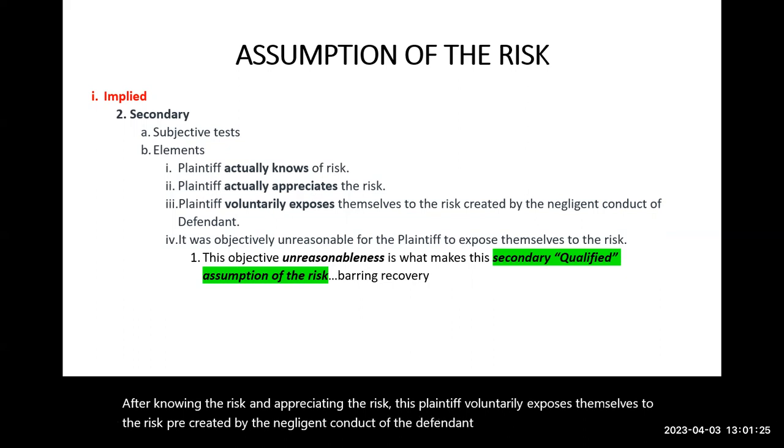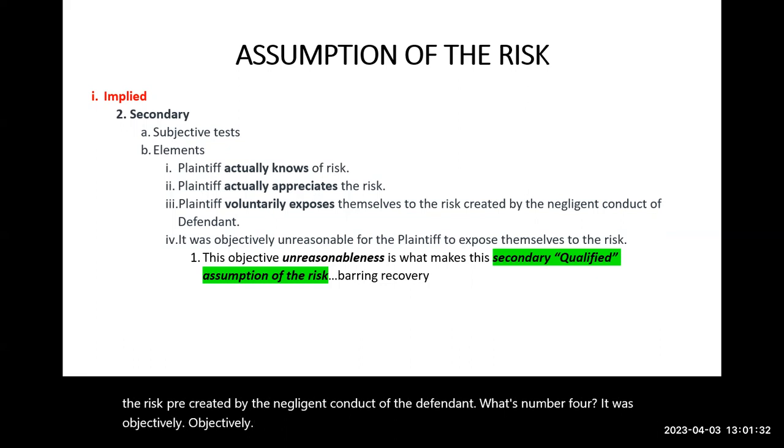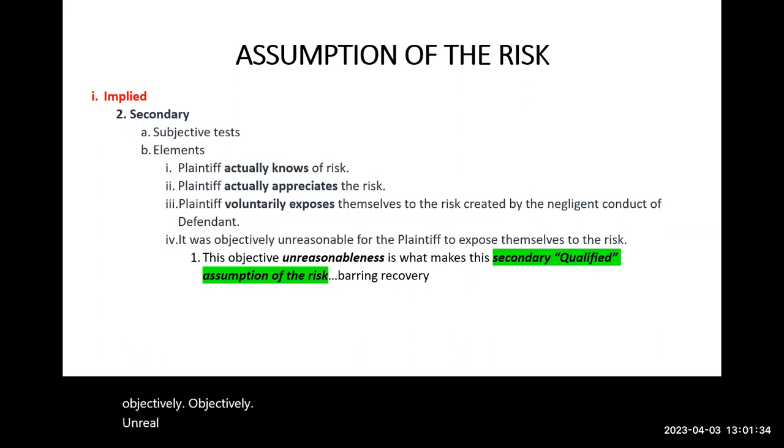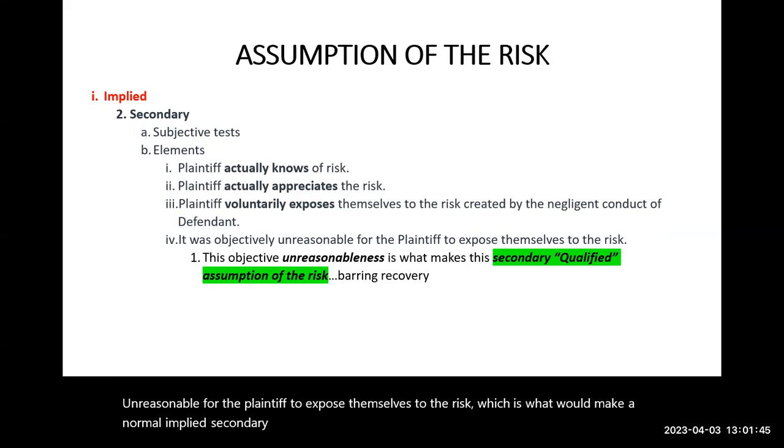What's number four? It was objectively unreasonable for the plaintiff to expose themselves to the risk, which is what would make a normal implied secondary assumption of the risk an implied secondary qualified assumption of the risk. All right, so just for clarity, let's set it up this way.